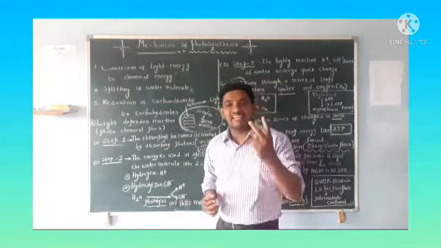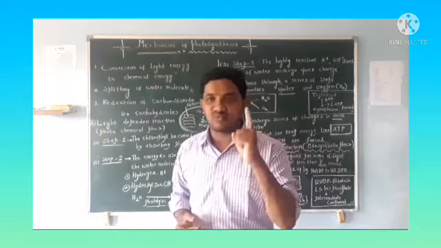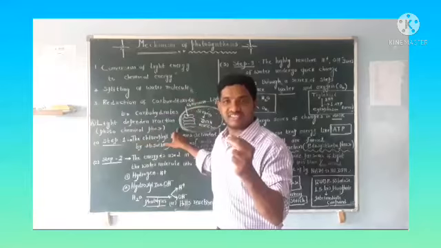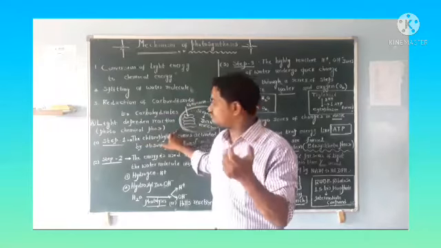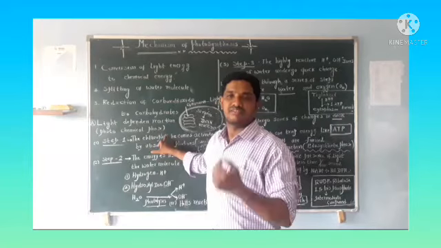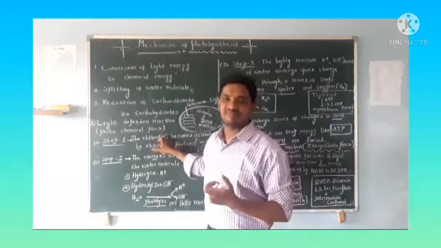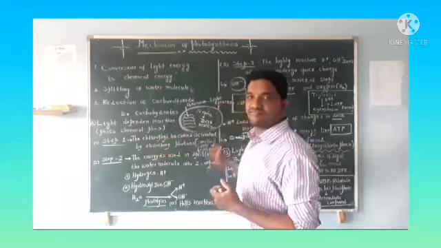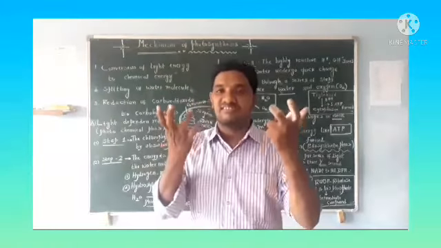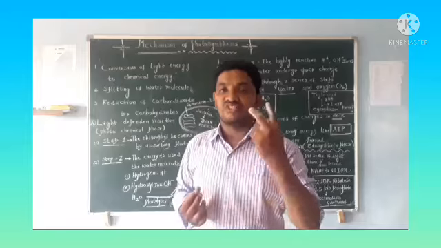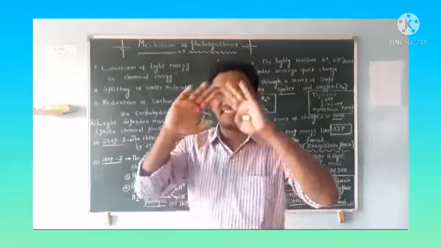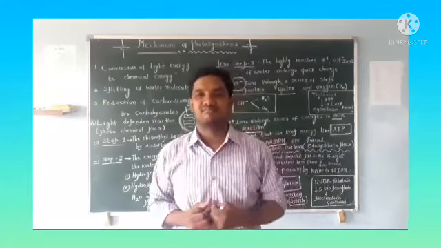There are two main reactions. One is the light dependent reaction, also called the photochemical phase. The second reaction is the dark reaction, also called the biosynthetic phase. These two important chemical reactions take place inside the chloroplast.